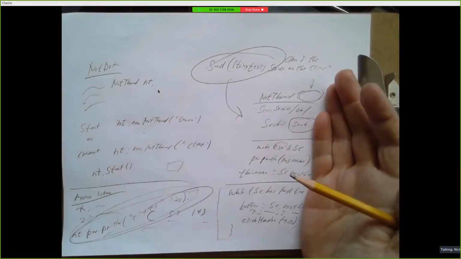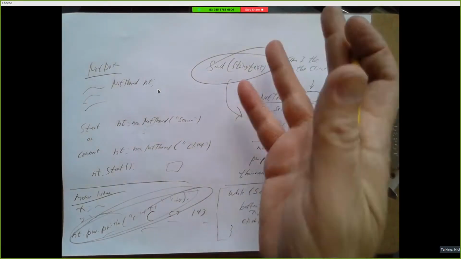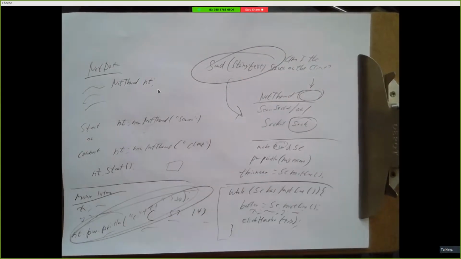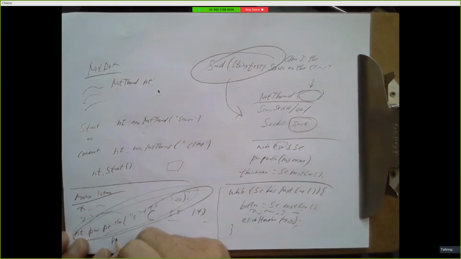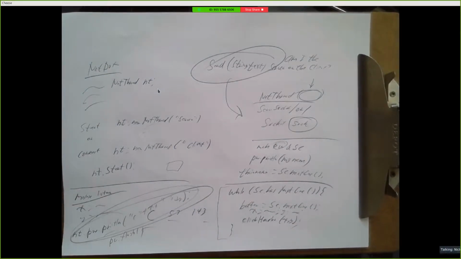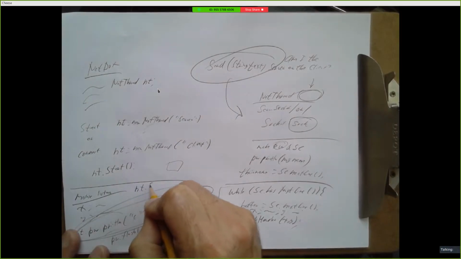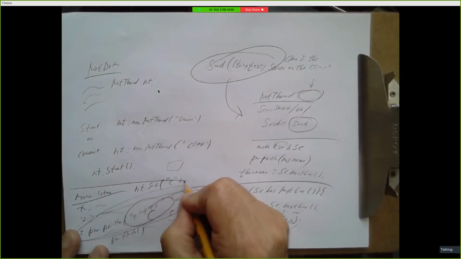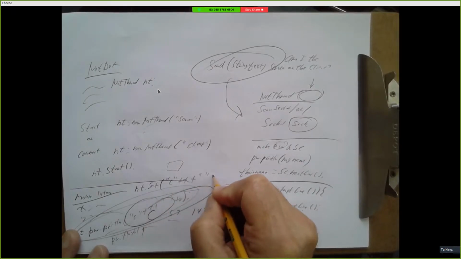Make it part of this NetThread class, and when you say send and you pass a string, have it take that string and then do pw.println text, and then do your pw.flush to force it out. Don't forget your flush. And now what you do over here is you just say something like nt.send, and you send C plus X plus a space plus Y.